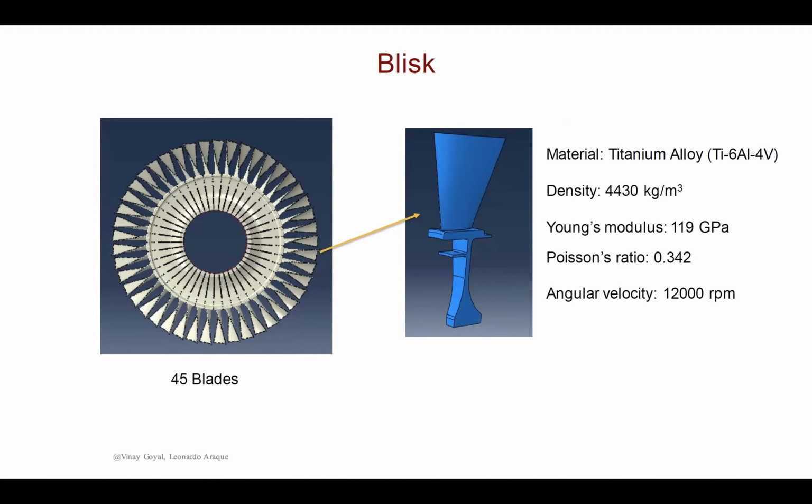The plates are made of titanium alloy, with density, Young's modulus, and Poisson's ratio provided in this slide. Let's start the modeling in Abaqus and extract the modes of vibration.